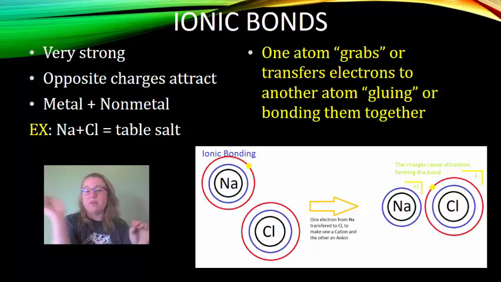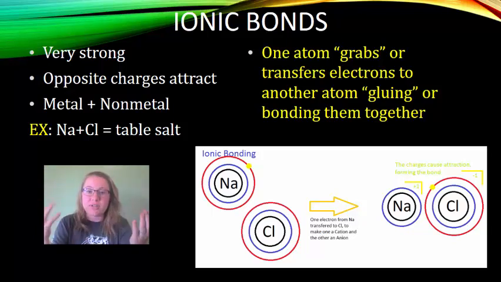Sodium got rid of that extra 1, and that next ring down had 8, so now sodium's happy. And chlorine has 8 because it added 1. But sodium still has the same number of protons in the nucleus, but it now has 1 less electron.